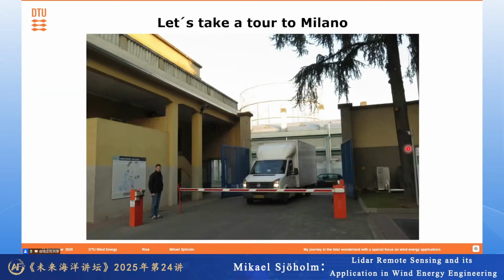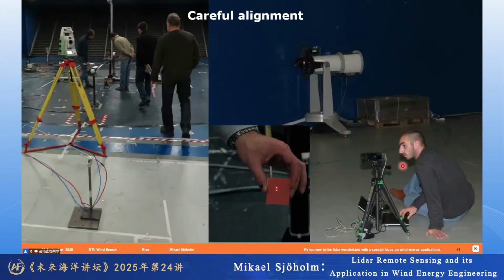So let's take a tour to Milano from Denmark. We went down to the wind tunnel there with this kind of wind scanner. You can see it here. And we talked about alignment. Jakob mentioned how important it is to align the beams when you're outdoors, and if you're offshore, you need a drone.